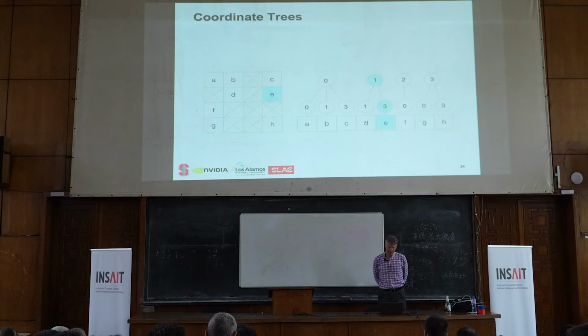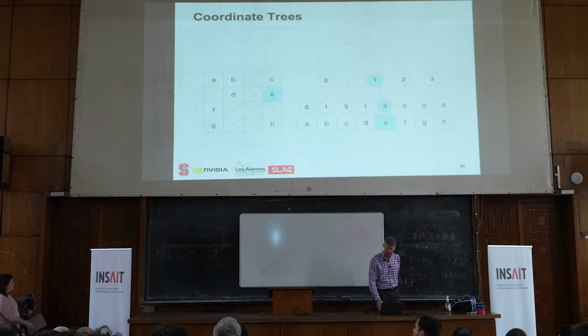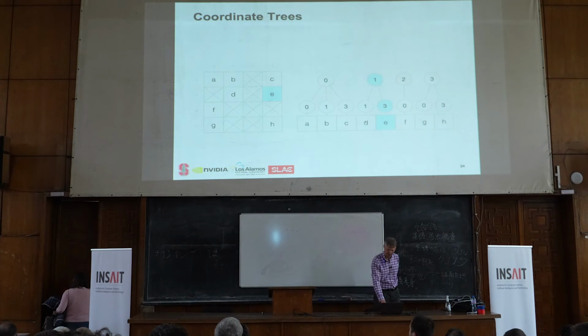And then the second row is the indices of the columns that have non-zero elements in them. For example, if I look at the E element that's colored in blue, that is in the 1, 3 position. So if I go to the first row, the element 1, and then I look at the third element, I get to E at the bottom. All right. So this is a systematic way of representing a sparse matrix.